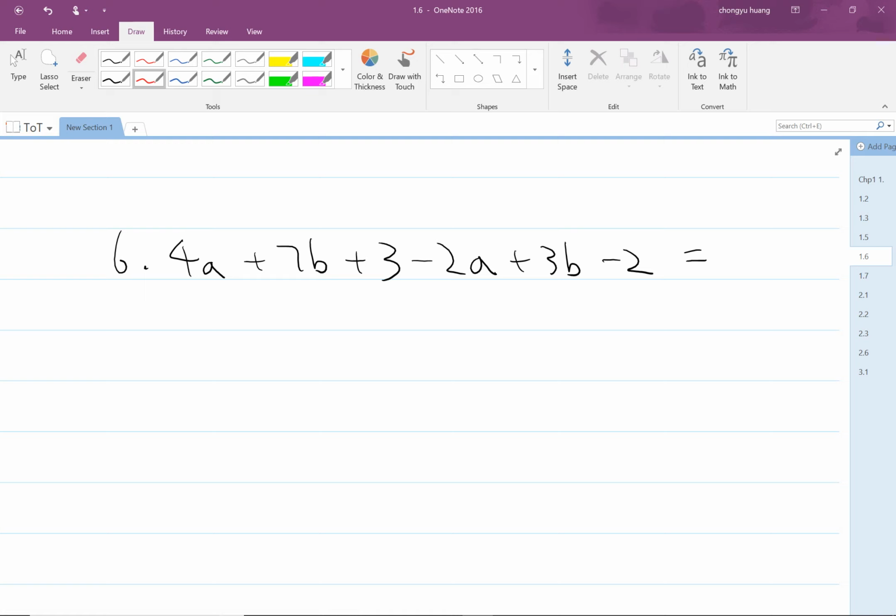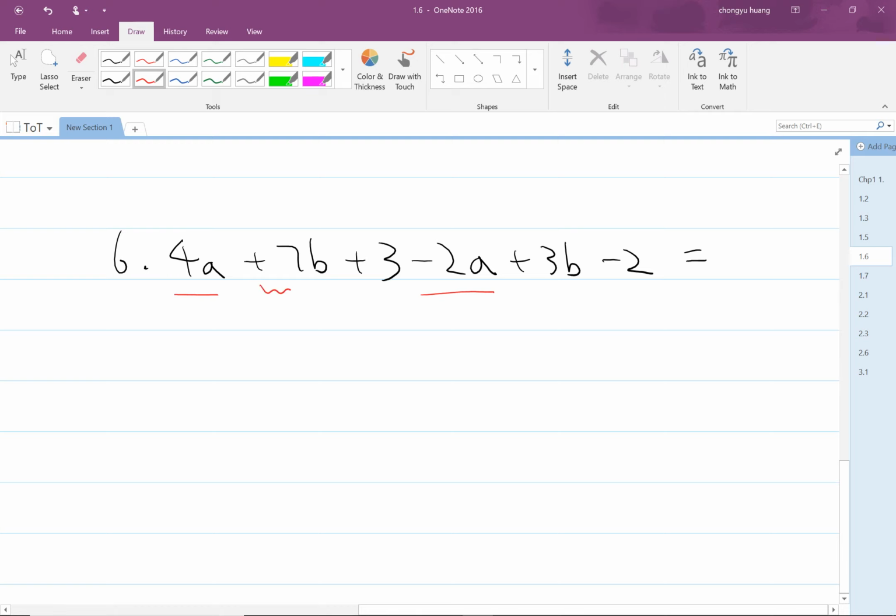so to solve the question, first of all you have to identify the terms, right? So what you can see over here, there are actually two kinds of terms. You got 4a, and then you got a negative 2a, right?